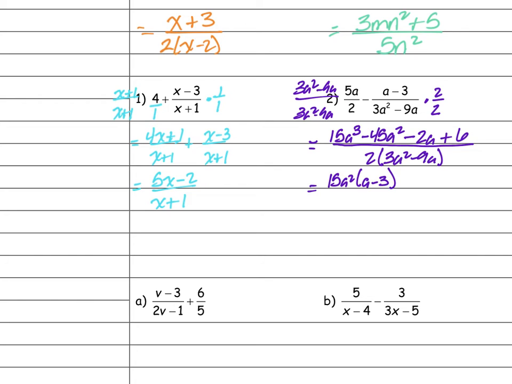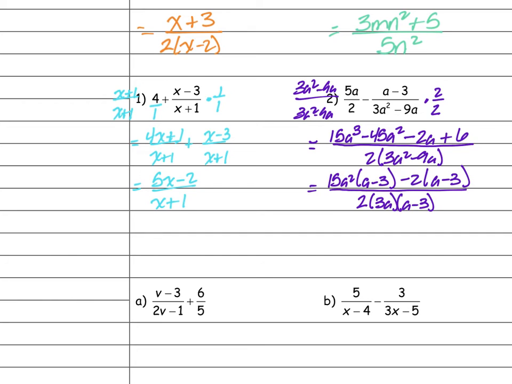And then if I factor a negative 2 out, I get left with a minus 3. That's beautiful. And on the bottom, I have 2 times 3a times a minus 3.